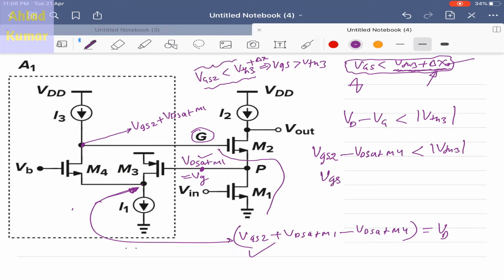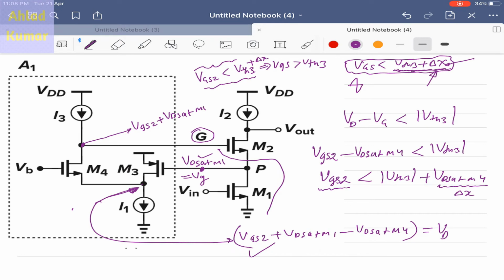So the value of VGS2 is mod of VTH3 plus VD set of M4. So this delta X is VD set of M4. What's happening now is that the range of values of VGS2 is increased, so that uncertainty is gone.